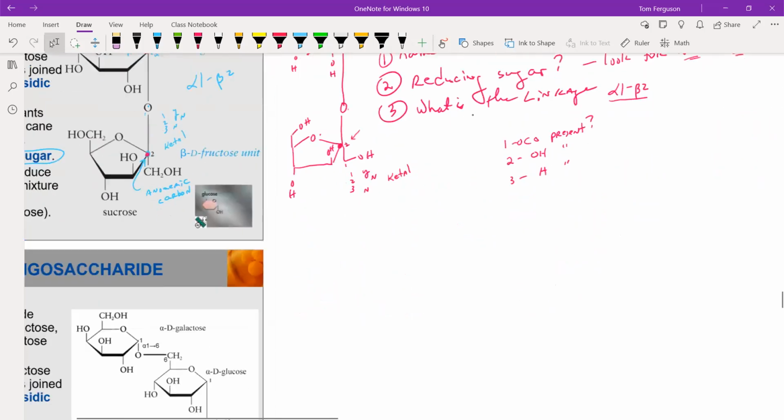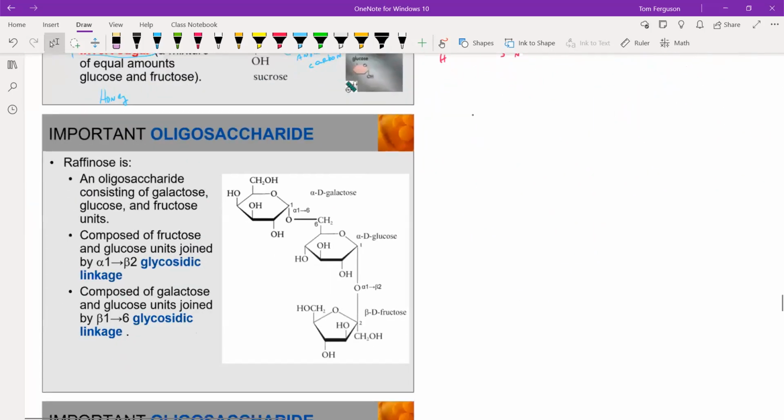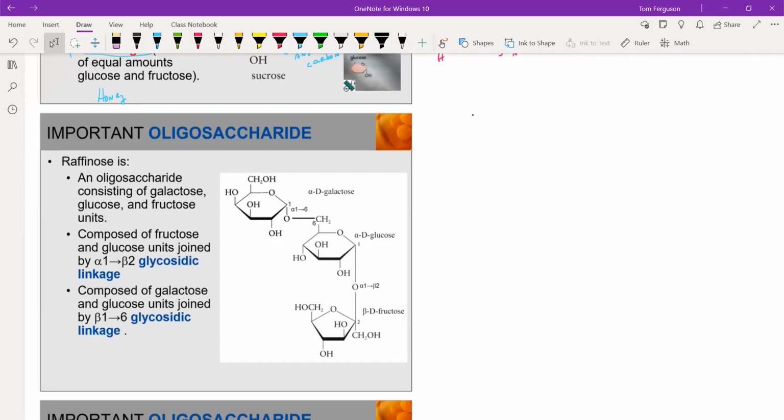Okay, because we're going to jump into oligosaccharides now. The first one I want to talk about is raffinose. It's the simplest one. It's got 3 monosaccharides. Okay, and what is this guy down here? What disaccharide is that?